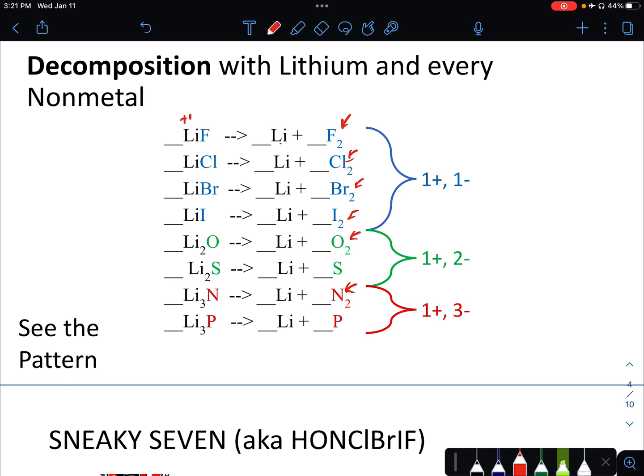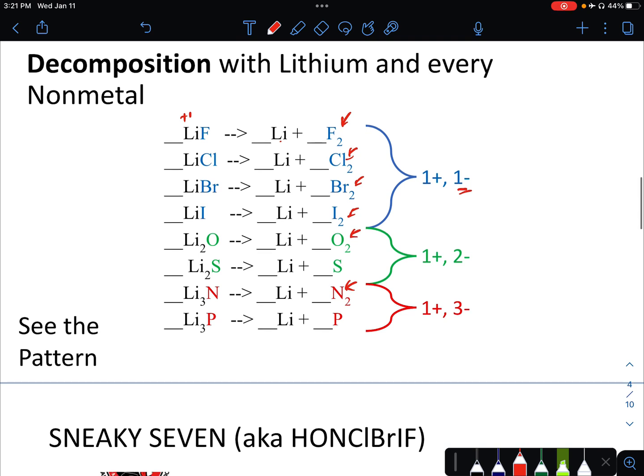In this top part, everything here is a -1. That's because this is all in group 17. This is group 16, so this is a -1 column. This is a -2 column. This is group 15, which is a -3 column.